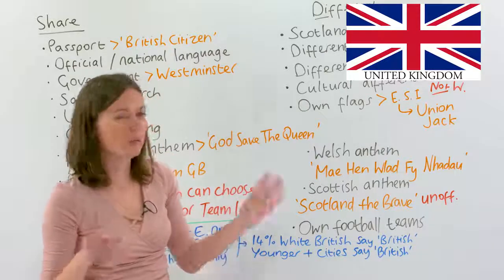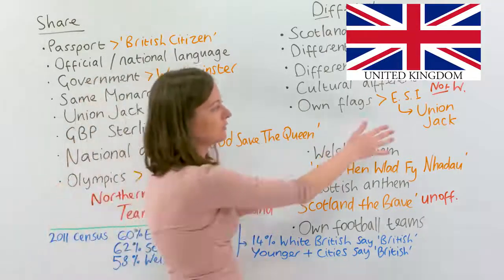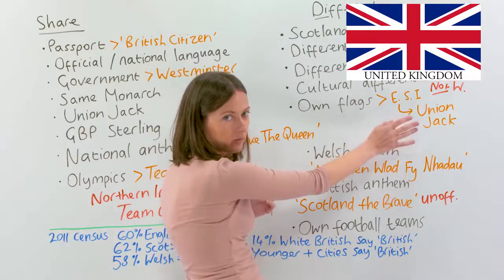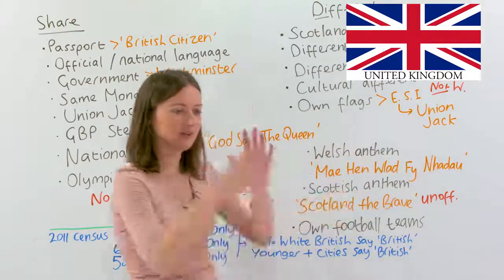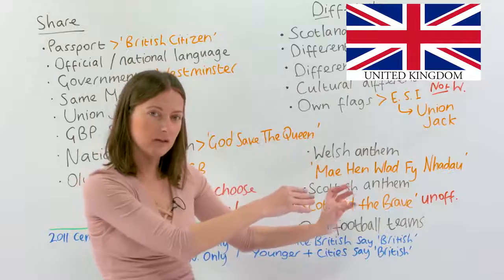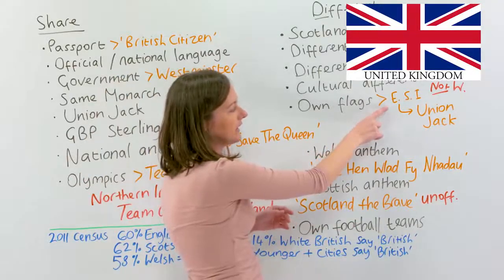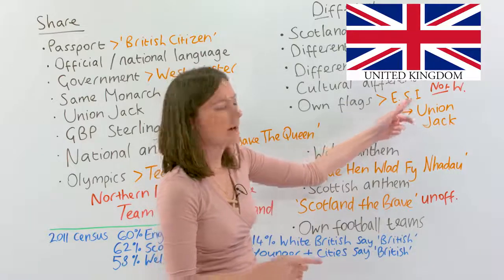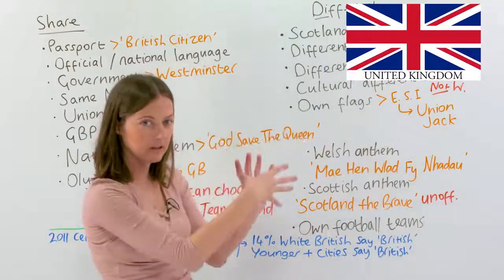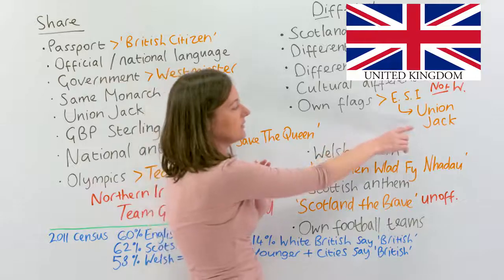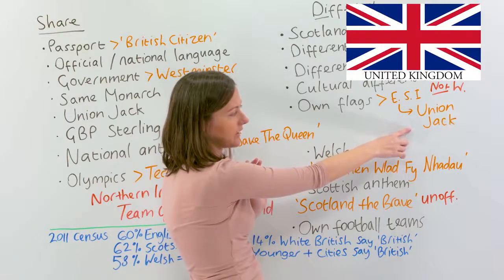It's not all the countries. It's an old flag. So what it represents is the countries a long time ago. And that was when England, Scotland and Ireland were in a union. And that's what the Union Jack represents.